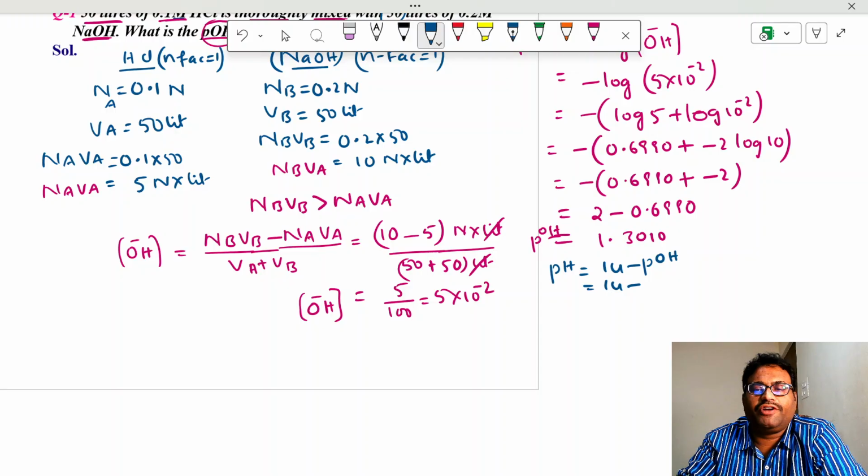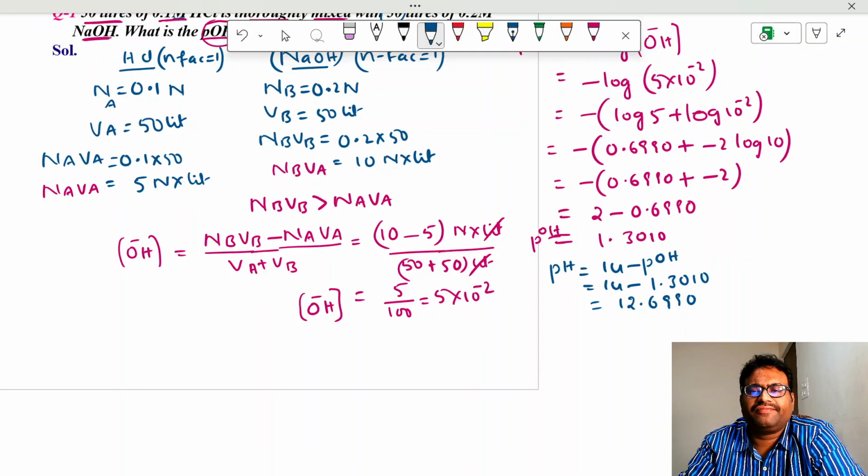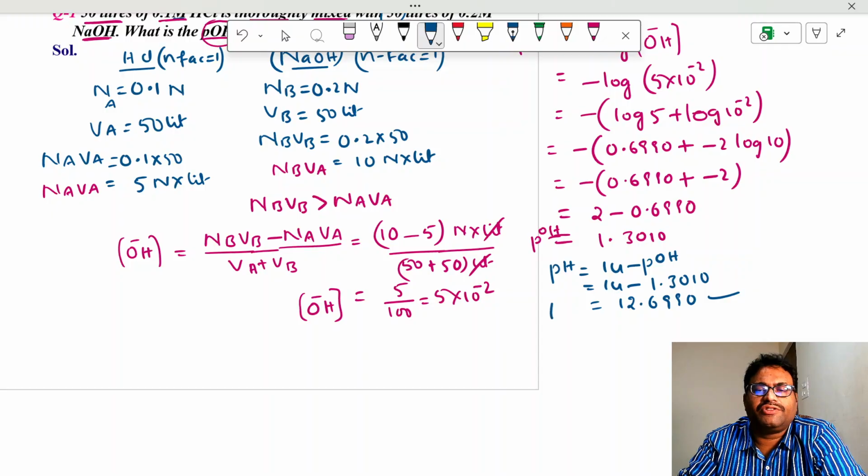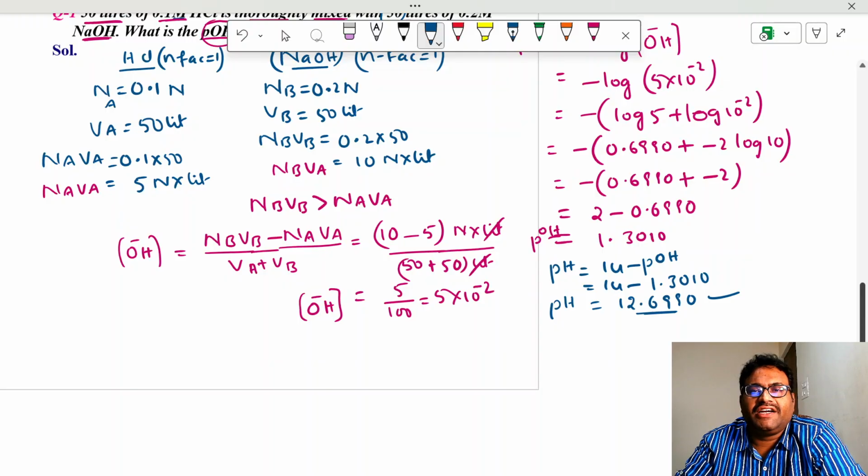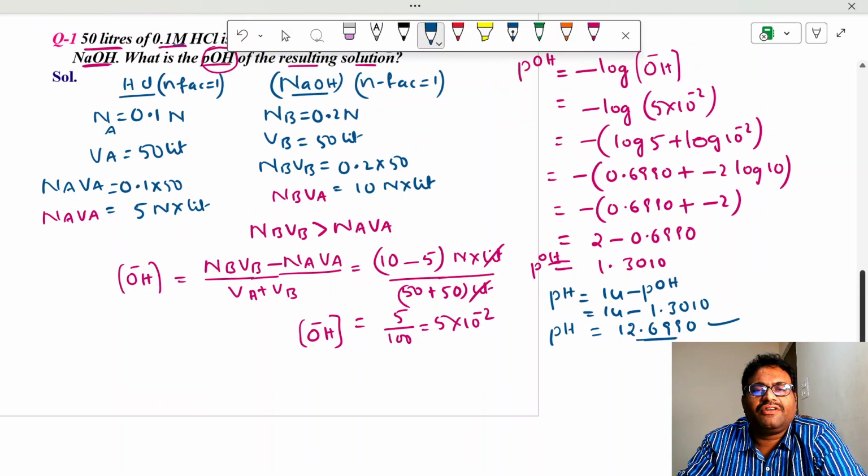That is equal to 14 minus 1.3010, which is 12.6990. So pH greater than 7 represents that it is a basic solution, right?